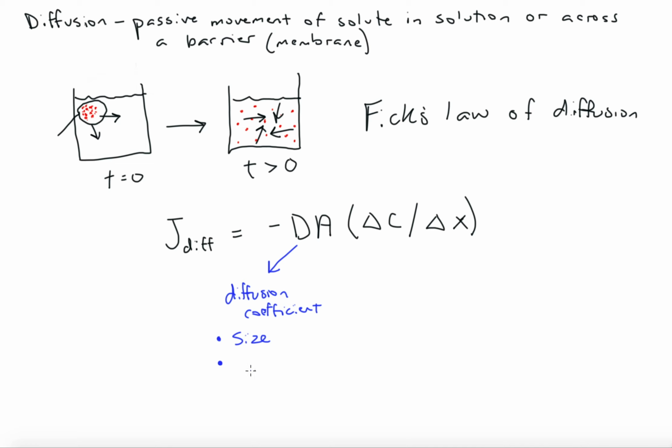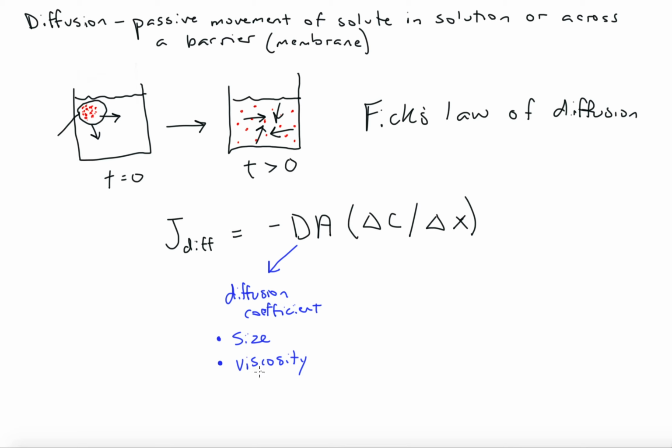Then there is viscosity. And viscosity is a characteristic of the solution, not the solute, not the molecule that's moving through solution. And remember this idea of a solute. We could be talking about sodium or chloride, any ion. We could be talking about a nutrient, a waste, any of these things, even proteins, right, are solutes. But the solution they're moving through comes into play because of its viscosity.